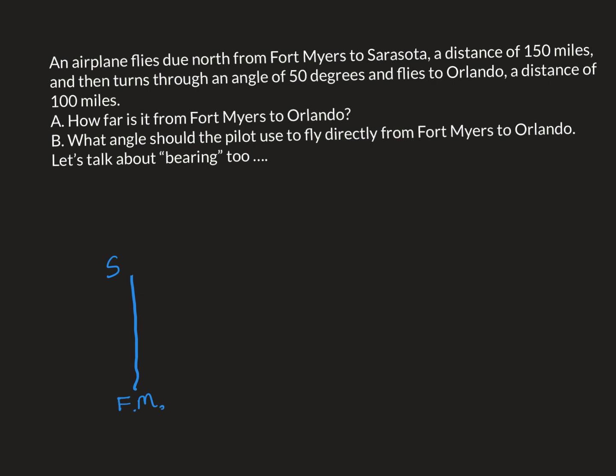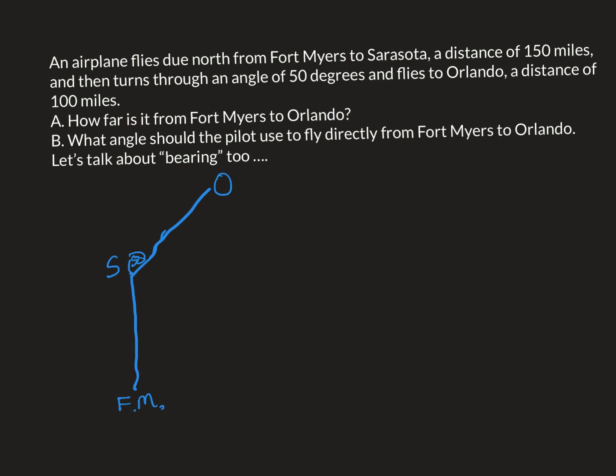Then at Sarasota, what do I do? I turn and I fly to Orlando. Now, how much do I turn? Well, I turned 50 degrees. So I turned 50 degrees, and then I flew to Orlando, okay?